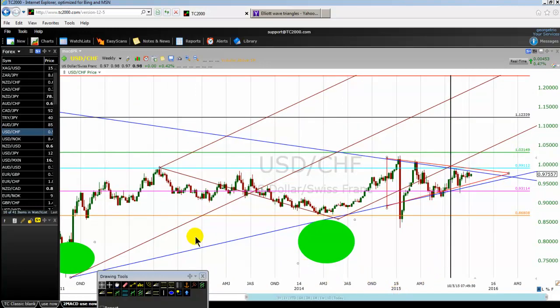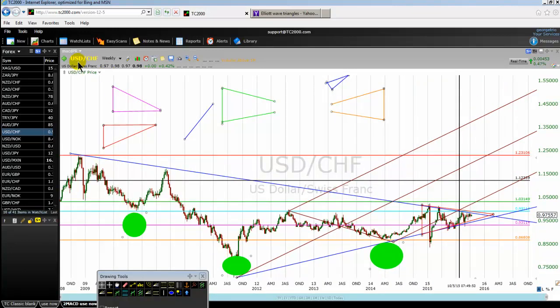Now let's go back to the dollar Swiss franc currency pair. We want to apply the Elliott wave triangle theory on a real chart to see whether it adds up or not, to forecast what the dollar Swiss franc is likely to do.